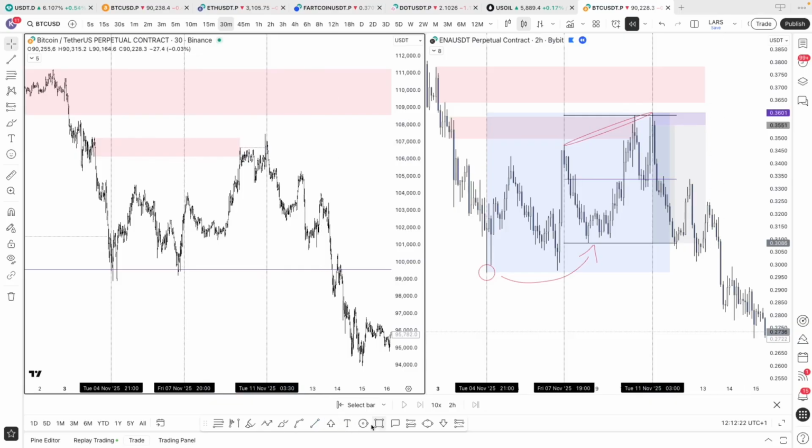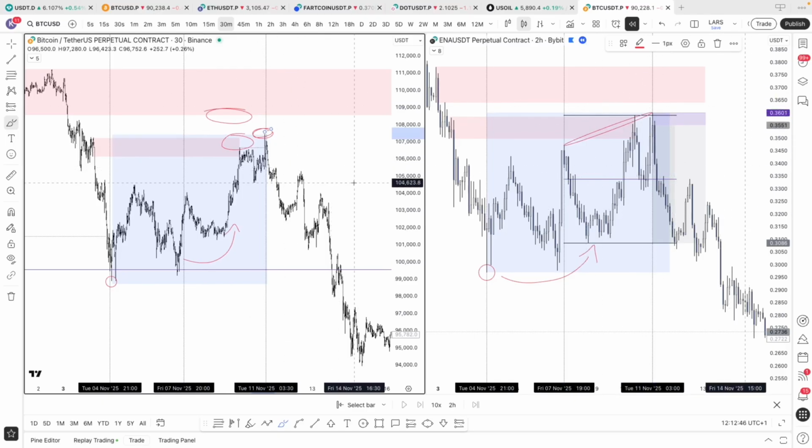So yet again, you have Bitcoin moving upwards away from the bottom into potential resistance levels here and here, grabbing that buy-side liquidity as we are confirming our TCT distribution model.